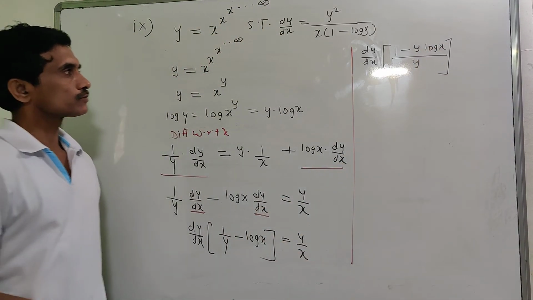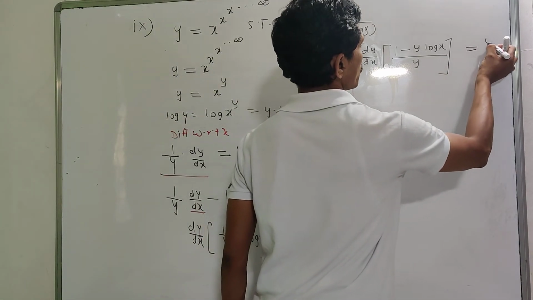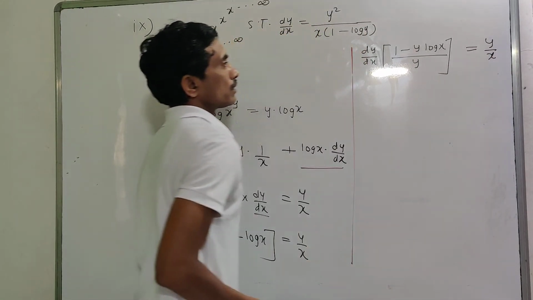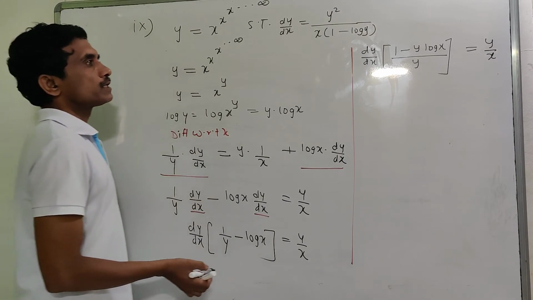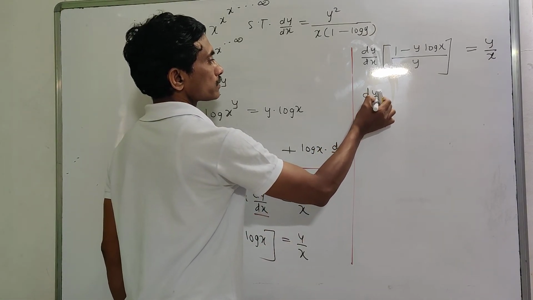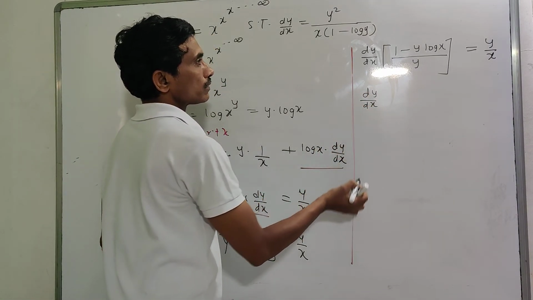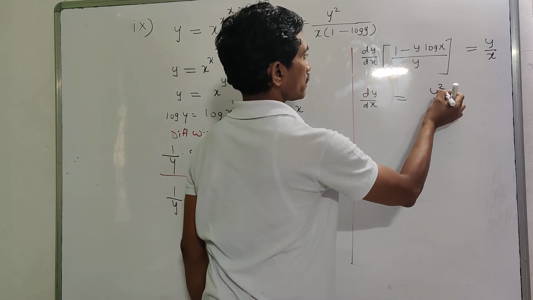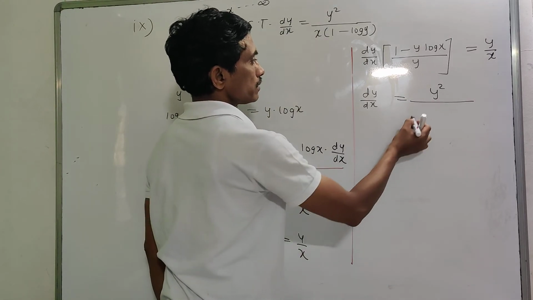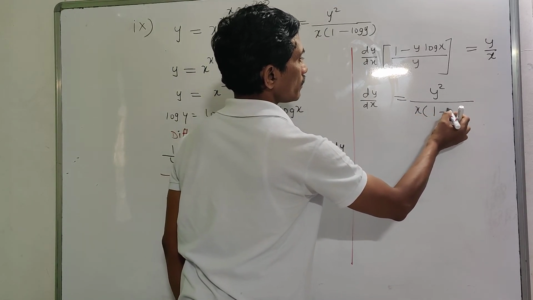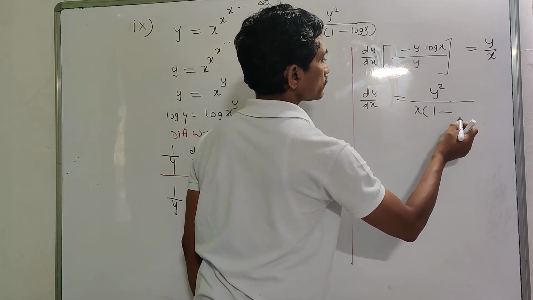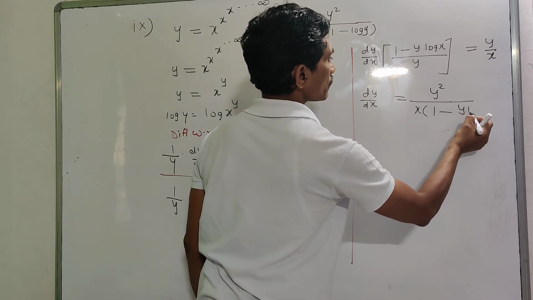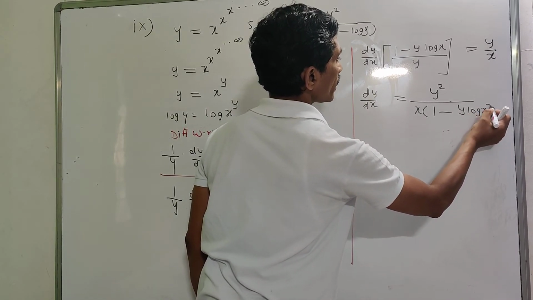The right hand side is y upon x. Required is dy by dx, so dy by dx is equal to y square upon x into 1 minus y log x.